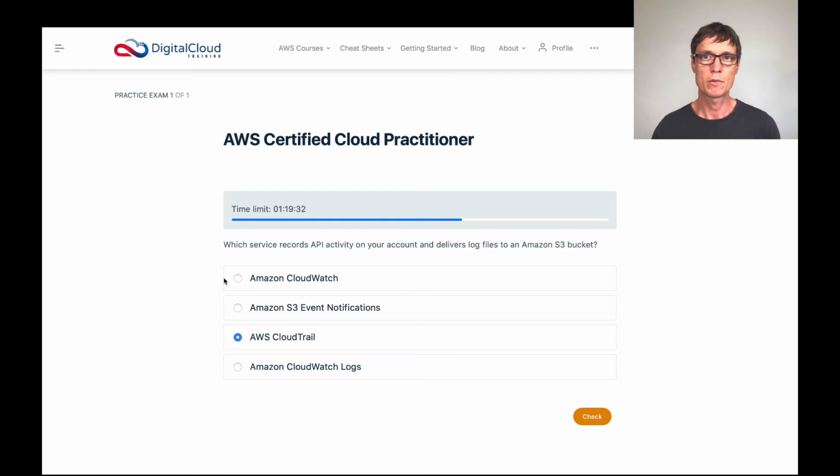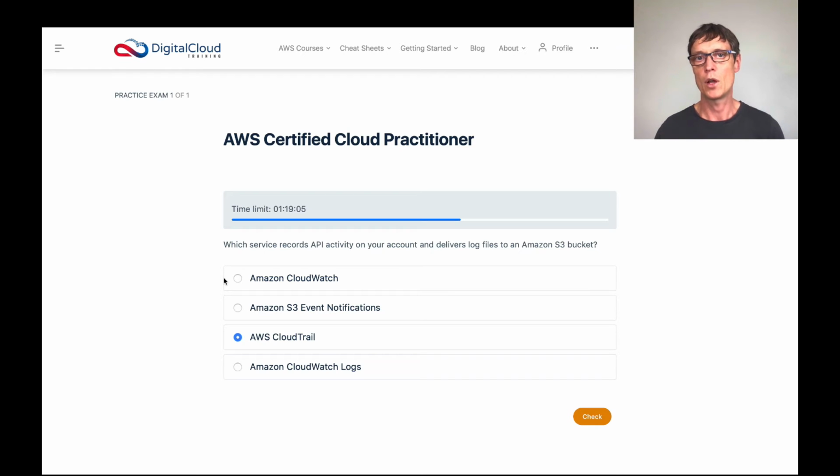CloudWatch is about performance monitoring. And CloudWatch Logs at the bottom there is about logging, so you're putting log information into the service that you can then read later on. So both of the CloudWatch answers are going to be incorrect. We've then got S3 event notifications. Well, S3 event notifications are where something happens in S3 and it notifies another service.